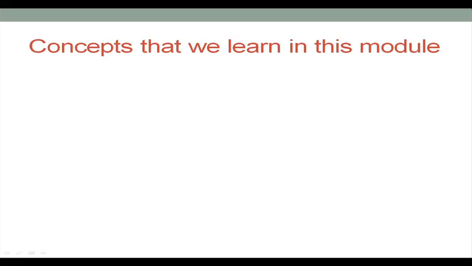So does that mean that the market equilibrium is the most efficient outcome in case of any market transaction? Is that the most efficient outcome? This is what we are going to discuss, and in the process we will be introducing a few basic concepts.